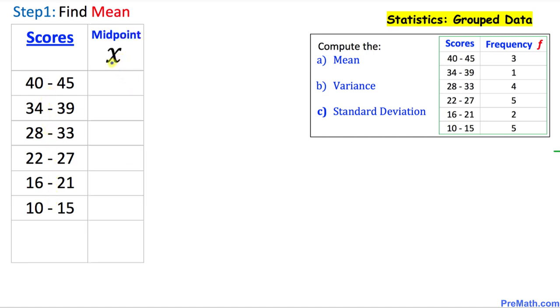And now in the next column, we are going to calculate the midpoint, which is called x, between 40 and 45. Let me show you how to do this one. To find the midpoint of 40 and 45, just write them down, 40 plus 45, and always divide by 2.